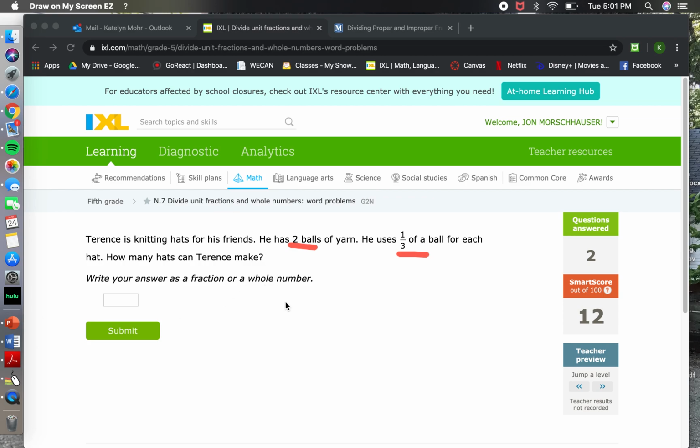So in order to do this, we have to set up our problem. So we have 2 divided by 1/3. So we'll change 2 to be 2 over 1. And then we will keep, change, and then flip that to be 3 over 1.